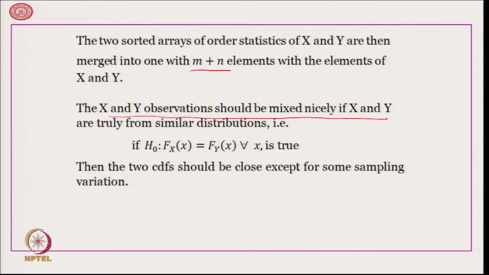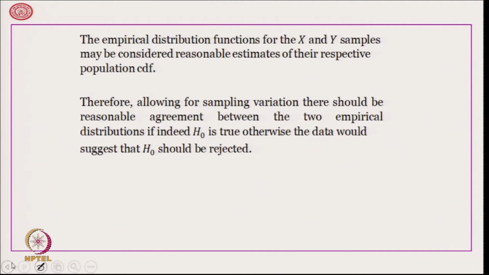That is, for all x, roughly F_X(x) and F_Y(x) should be very close, except that there may be some sampling variation, and the empirical distribution functions for the x and y samples can be considered reasonable estimates of their respective population cumulative distribution functions.